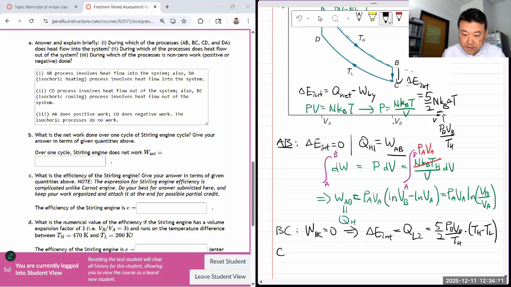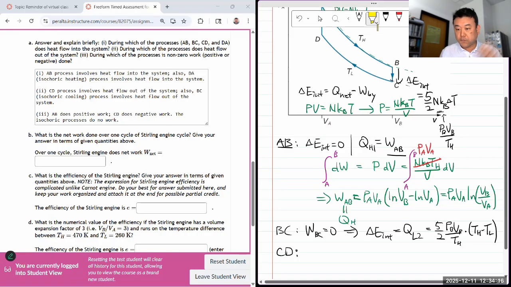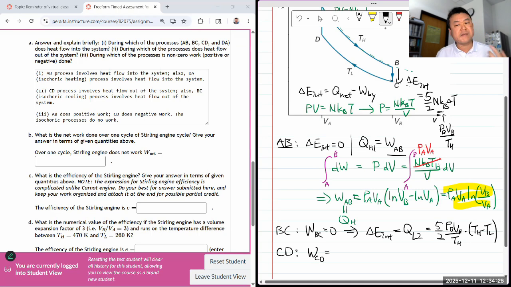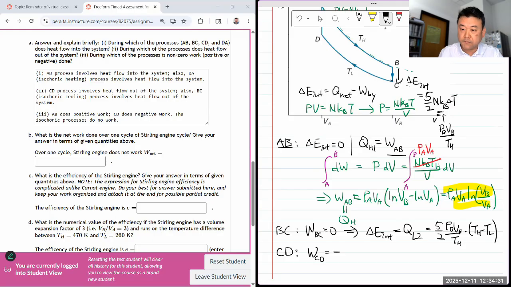And C to D, I think it's going to be basically the same thing. So I'm going to use this formula with the variables correctly substituted. So work being done from C to D, let me write it in a way that it's manifestly negative: minus pressure and volume at the starting point, PC VC, times the natural log of final over initial, that's where the minus sign comes from.